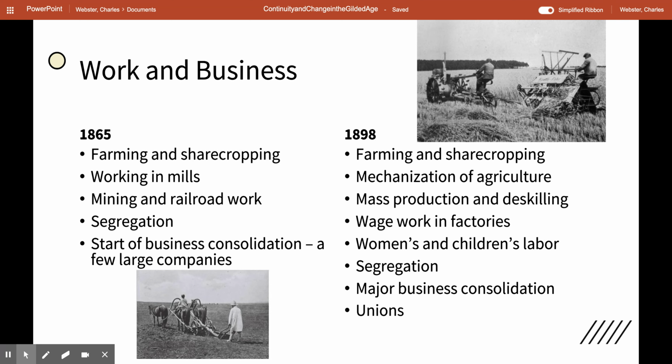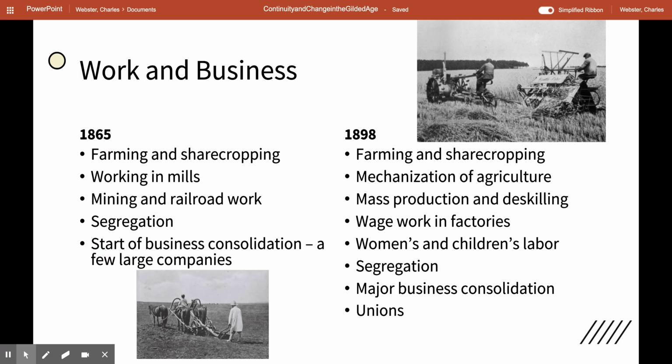So de-skilling basically means that you don't require much training to work in a factory because you're only doing one job on the assembly line, right? And women and children began working in factories as well. But as at the beginning of the Gilded Age, workplaces still tended to be racially segregated.